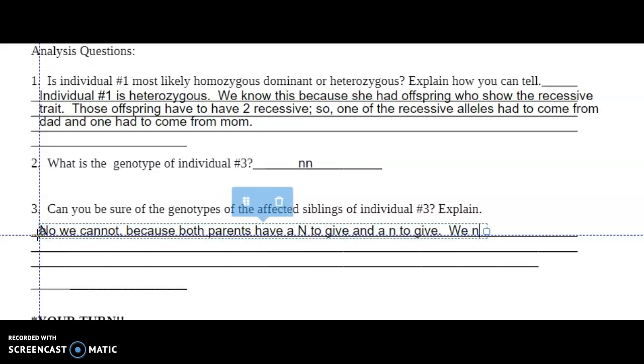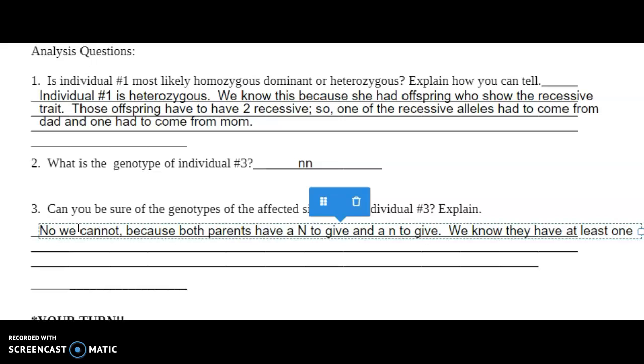We know they have at least one big N because they show the trait, but we do not know which allele the other parent gave.